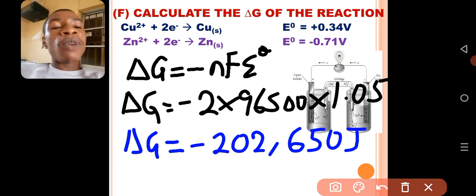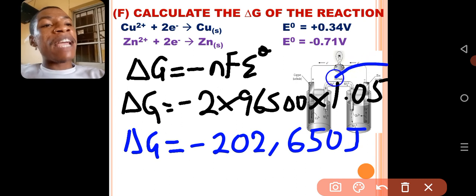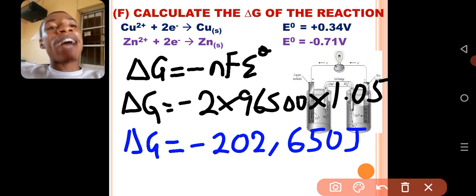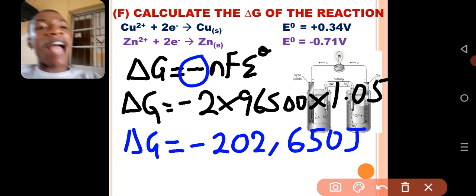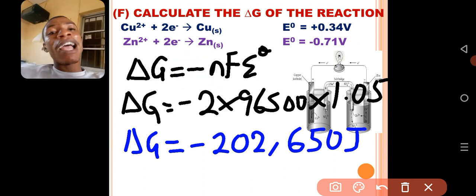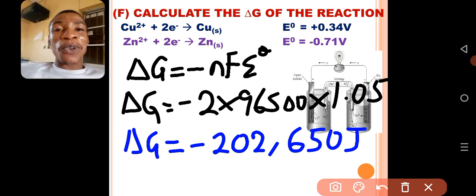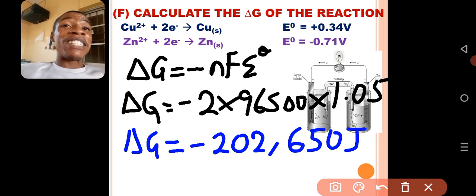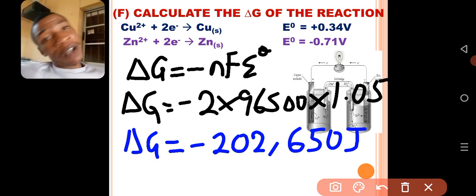And then you must also put the sign, because the sign of the EMF is very important. If the EMF had been negative, for example, it would have affected the minus here and given us a positive delta G. And once you have a positive delta G, that means the reaction is not going to work. So that's why EMF can be used to determine the spontaneity of a reaction, because it is related to delta G, which determines whether a reaction will be possible or not.